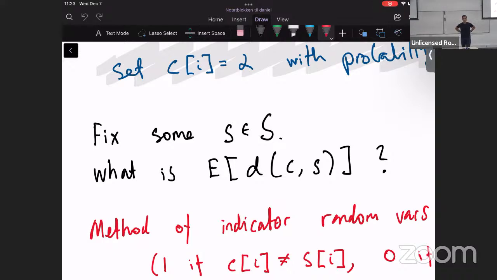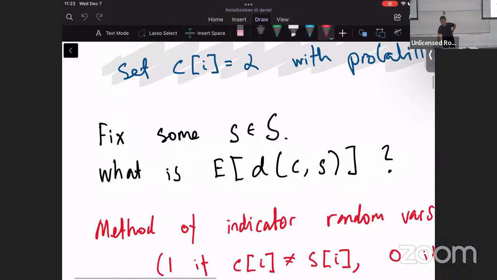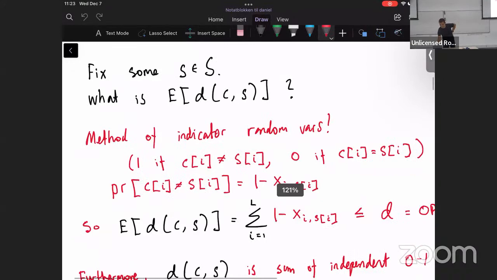Exactly, right? The distance is just the number of positions where the characters are different. Therefore, if for every position we have a variable that is 1 if the characters of C and S are different, and 0 if they are the same, then if you add up the indicator random variables, you're going to get precisely the distance.